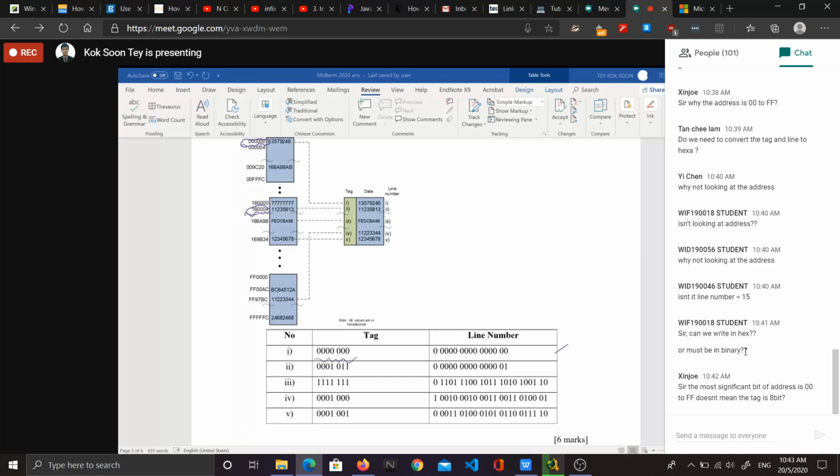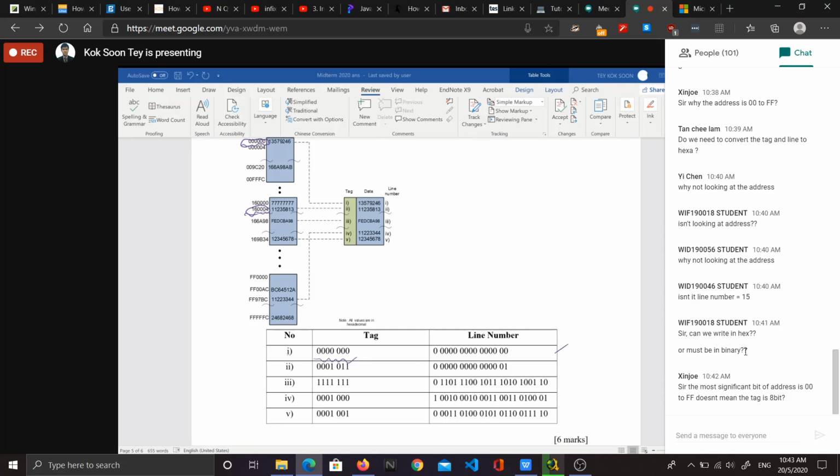We're looking at the address. Just now we looked into it, isn't the line number equal to 15? Yeah, so it's 15. So I changed it to 15 already.